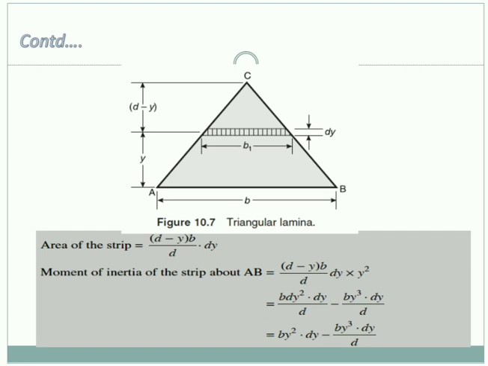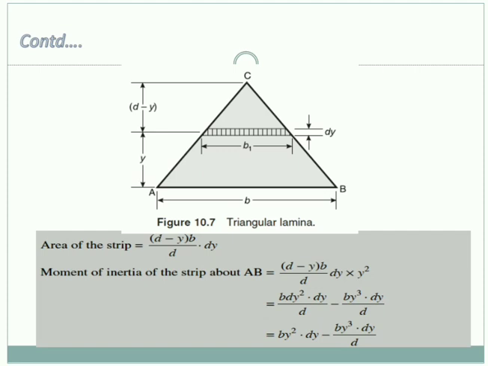A question will arise why we are not taking the centroidal axis. At the end of the derivation, I will answer that question if it has arisen. Okay, we are initially finding the moment of inertia about the base AB. So first let us find that, then I will tell how we will convert that to the centroid.